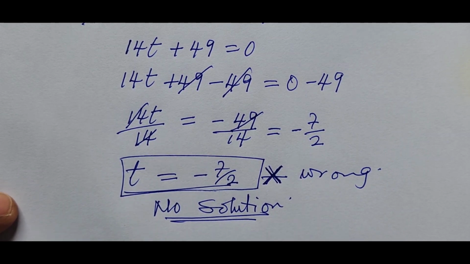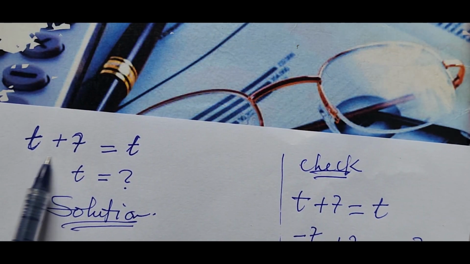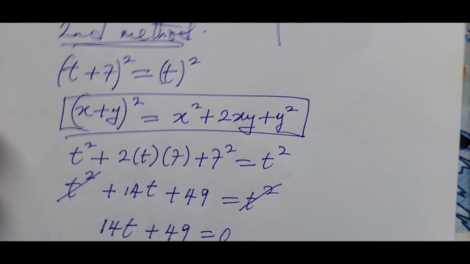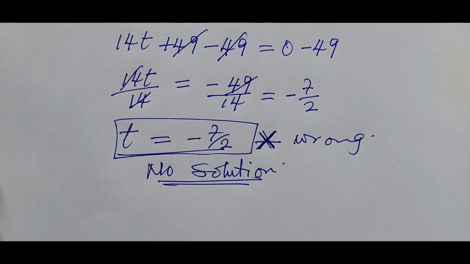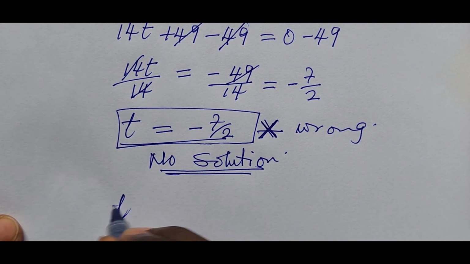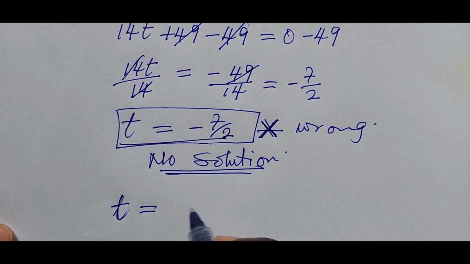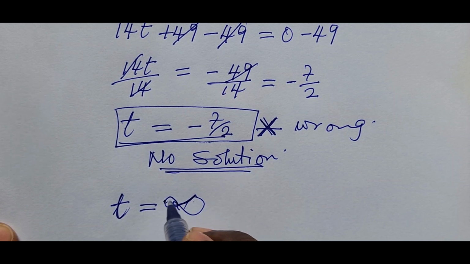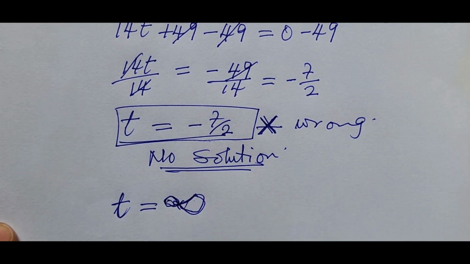No solution. But again, it means if we plot the graph of this left-hand side and we plot the graph of this, t will tend to infinity. So in other words, t will tend to infinity. Sorry, the sign of my infinity symbol.